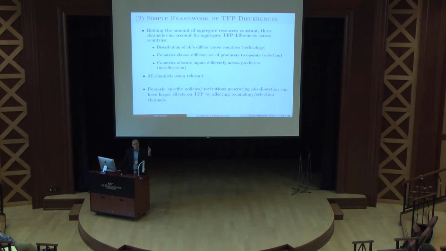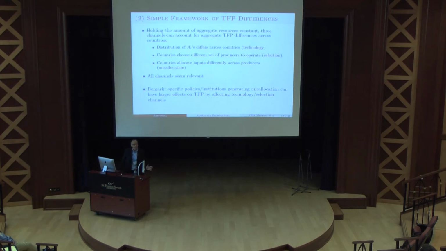Now, it may be that even if you have the same distribution of potential productive units, countries choose different producers to operate, just as in my example in this stylized misallocation. So we can call that selection.